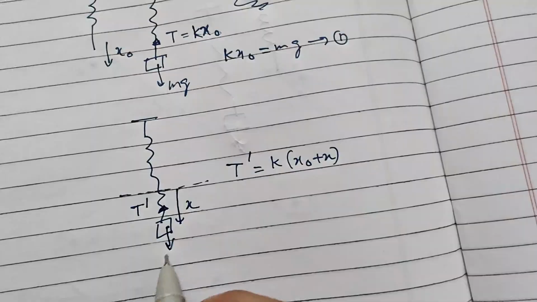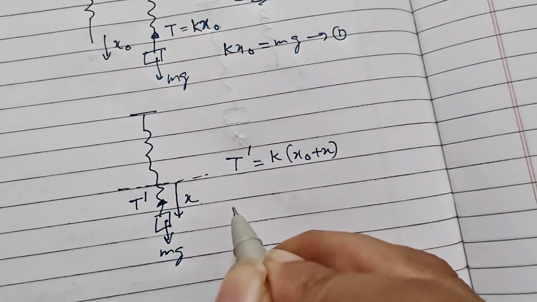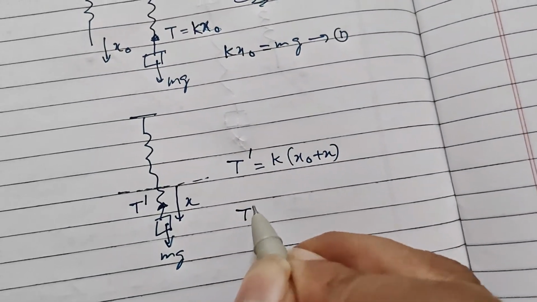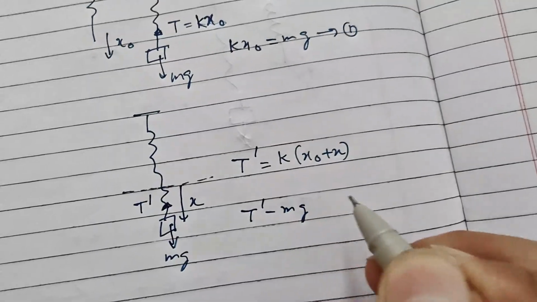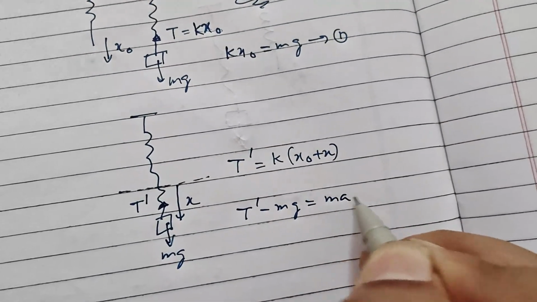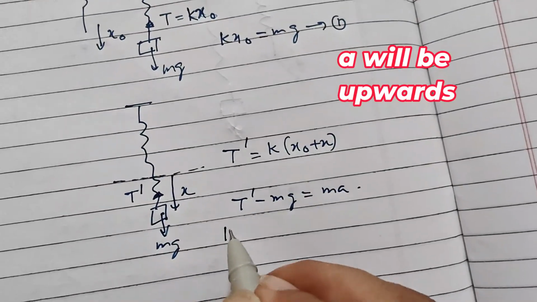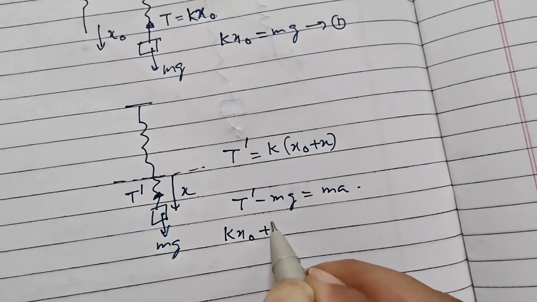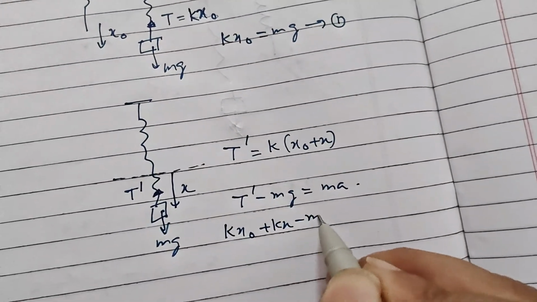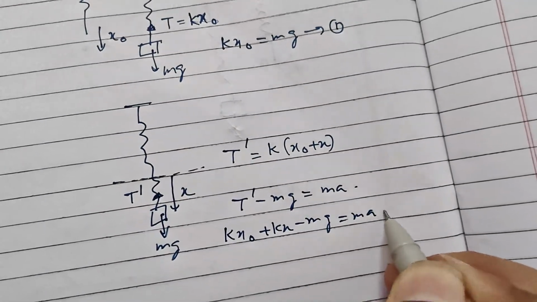Mg is the same. So what will be net force? Tension minus mg, and that will be equal to ma from Newton's law. If you substitute this tension force here, what will you get? Kx naught plus kx minus mg equal to ma.